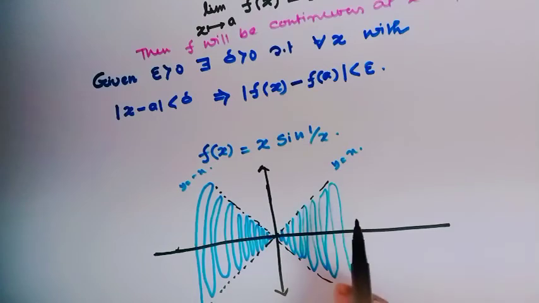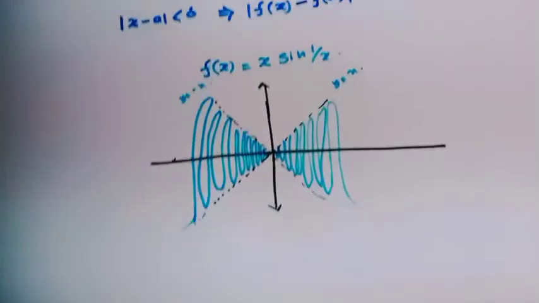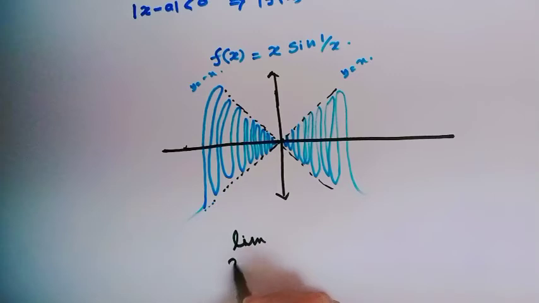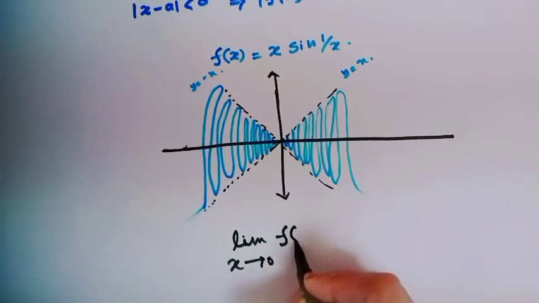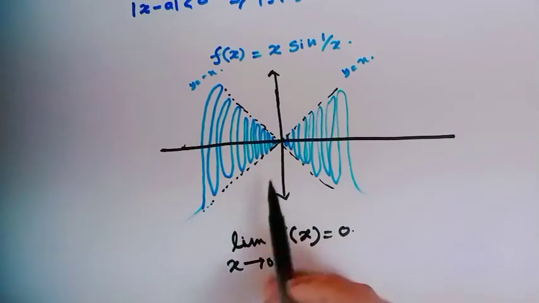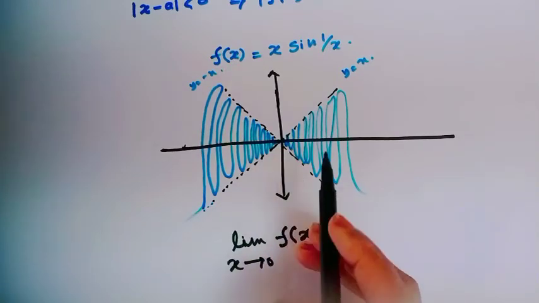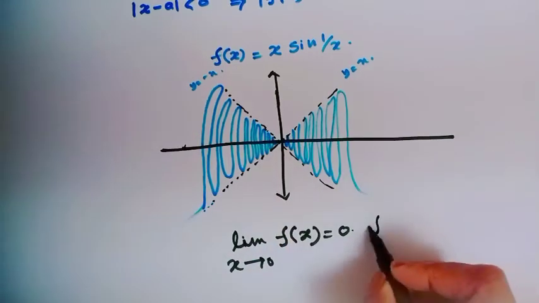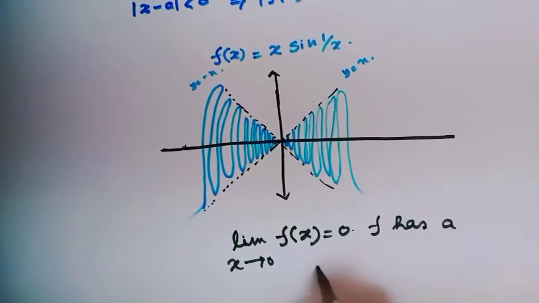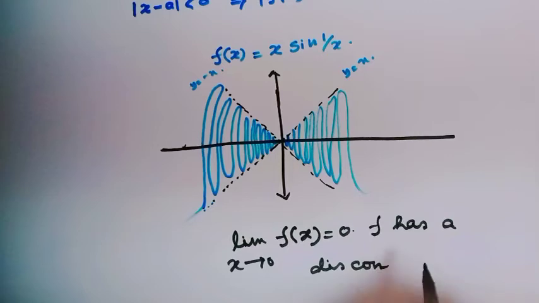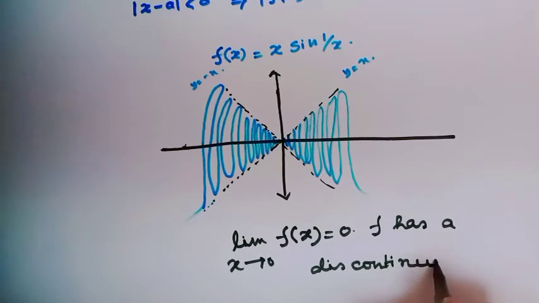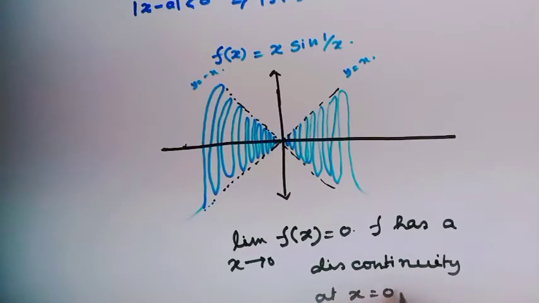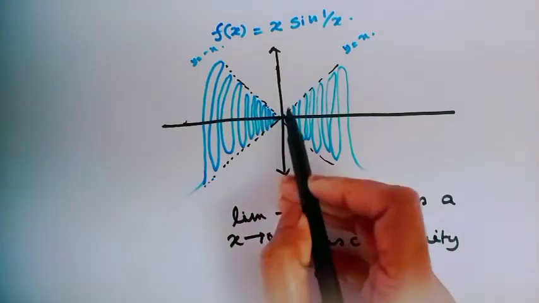This is the graph of the function, we all know, and we all know the limit as x tends to 0 of fx is equal to 0, but the function has a discontinuity at the point x equal to 0, because here the function oscillates.